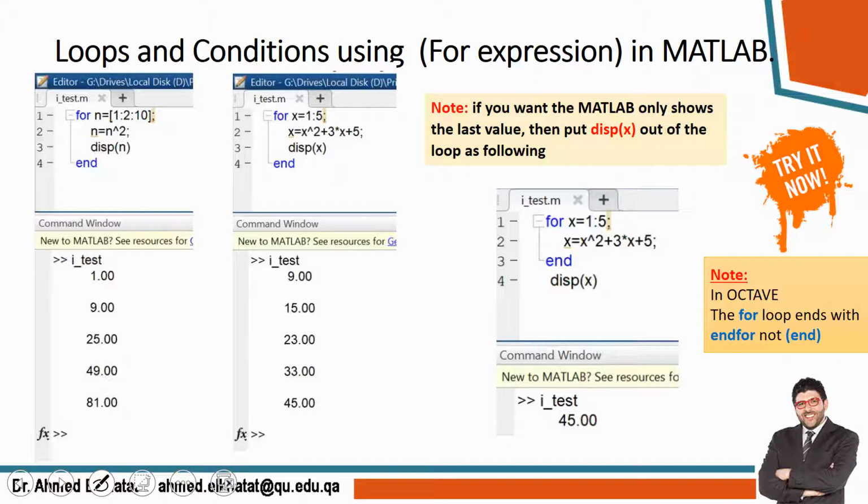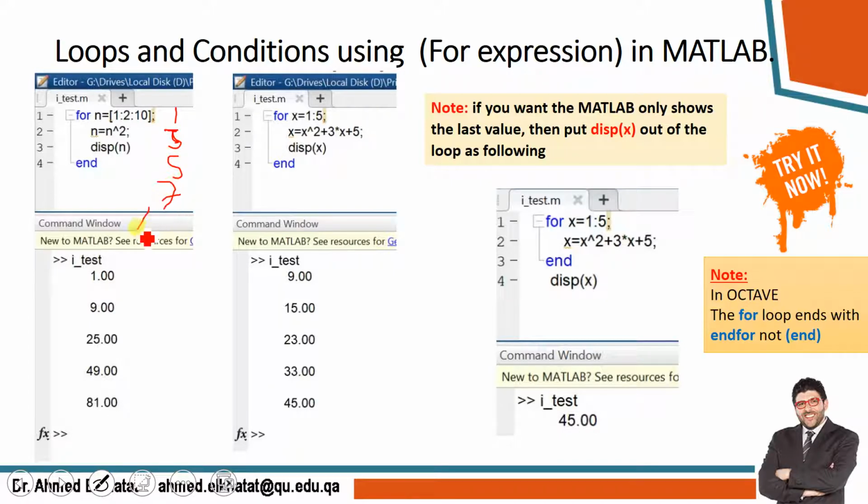For n from 1 to 10 and the step between them is 2. Okay, calculate n equal n squared and then display n. So first it will check 1. So this is what? It's 1, 3, 5, 7 and 9.